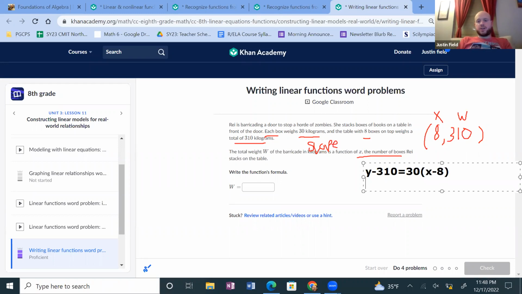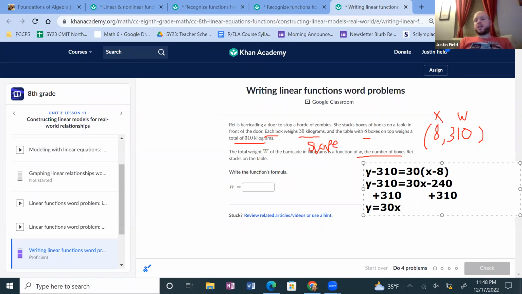And then we're going to distribute that 30, which would be 30x, minus 240. And then we're going to add 310 to both sides, use our inverse operations. I know at this point in the year, some people are saying, and use over the line change the sign. But please, even though it's a fun rhyme, people next year are not going to know what you're talking about.